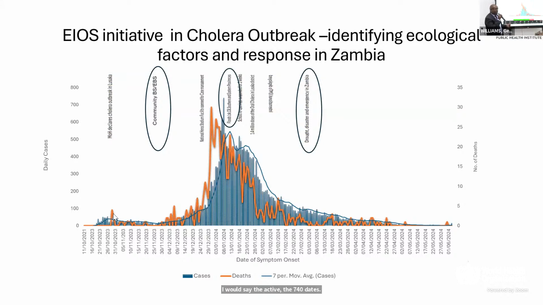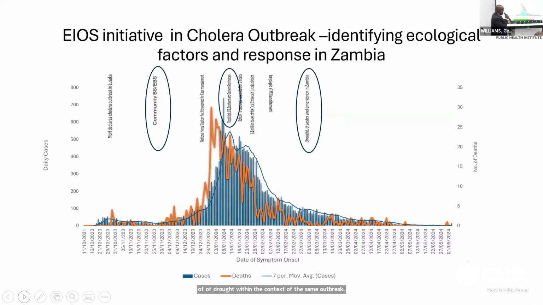But moving away from EBS, and talking specifically about the EIOS, there is the use of the One Health approach to pick up ecological factors, such as flooding that exacerbated the outbreak in Lusaka and the fishing camps, and also understanding how the declaration of drought within the context of the same outbreak shaped its evolution.